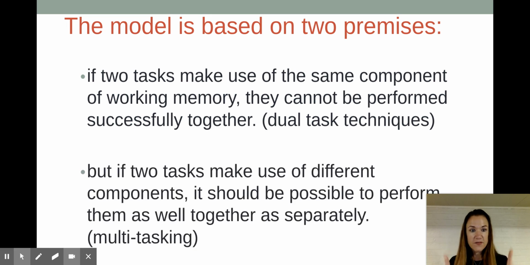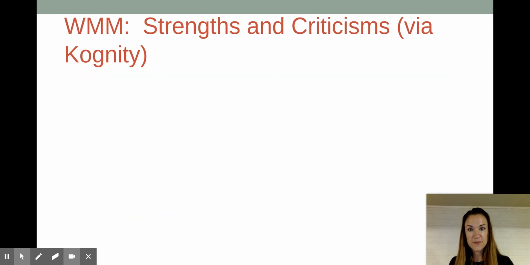But if two tasks make use of different components, it should be possible to perform them together, which is multitasking. So if you were to picture a hippopotamus and hear the word lavender, you can probably do those at the same time because they're using two different components of the working memory model.